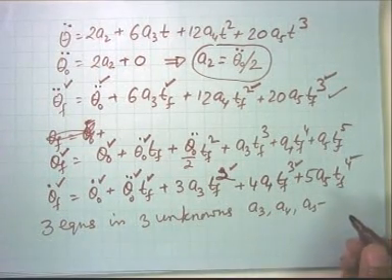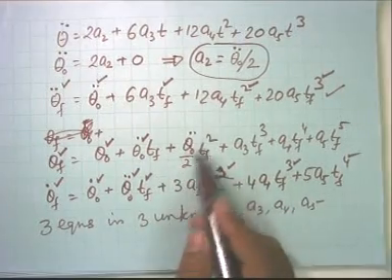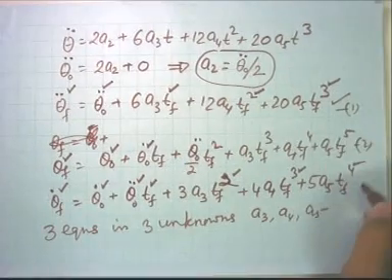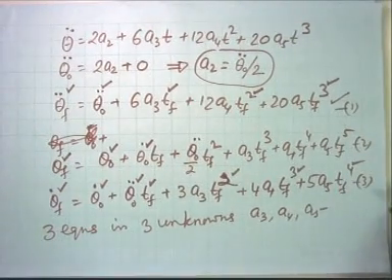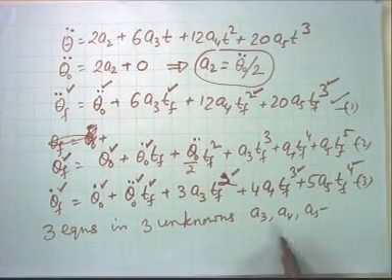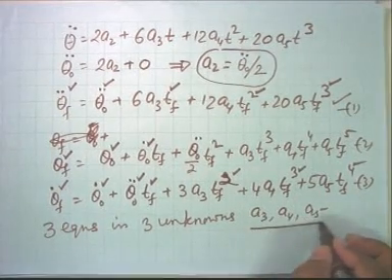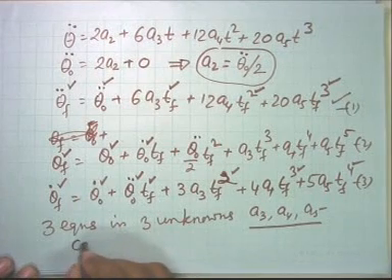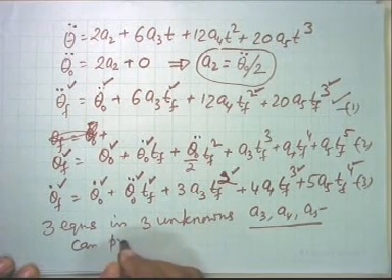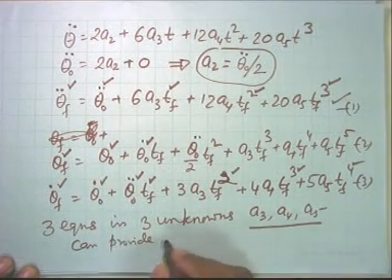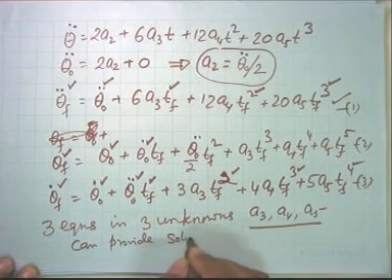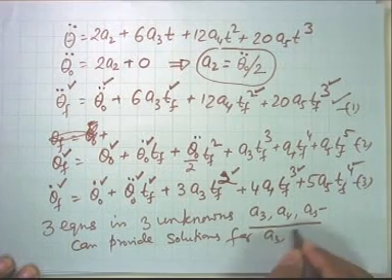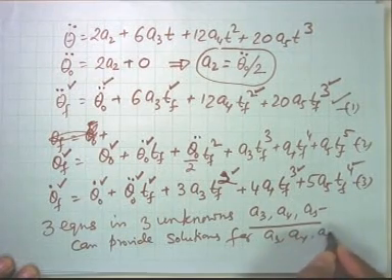So, if you put little effort, you can use these 3 equations, 1, 2 and 3, and you should be able to calculate A3, A4, A5. So, 3 equations, 3 unknowns can provide solutions for A3, A4, A5. Okay.